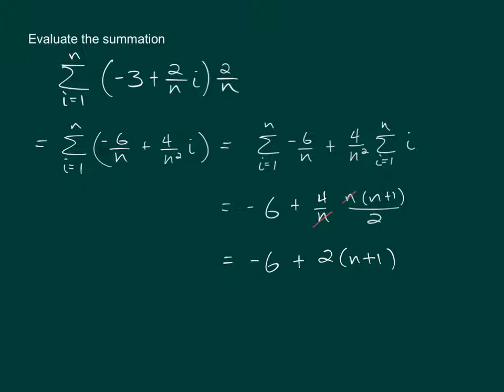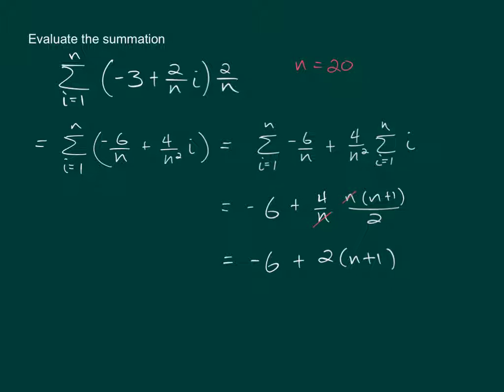Now, why would you ever want to go through and figure out a sum like this with an n in here when you're given this expression? Well, leaving n as n allows you to say, okay, well, I want n to be 20.